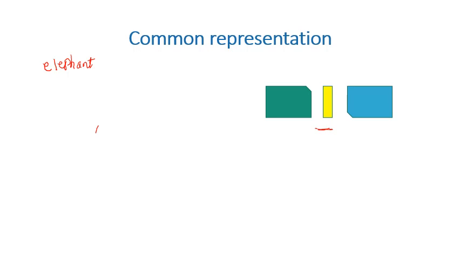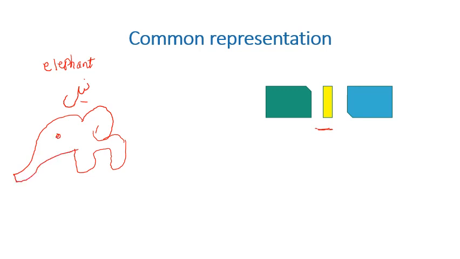You can represent it as the word feel in Persian, or you can represent it as, say, a cartoon of an elephant. But all of these different representations come from a common concept in your mind.